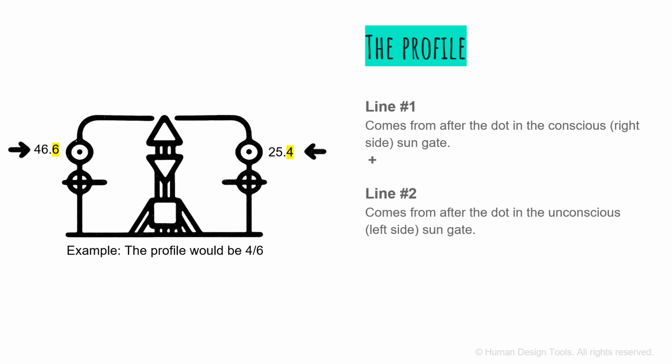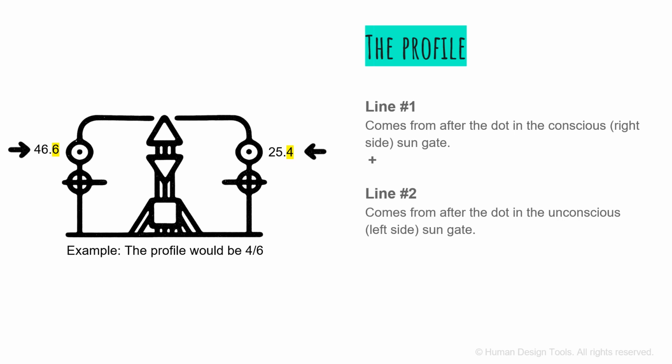But each planet actually plays out in a different line. So you can learn about the different lines and find out more information about how each planet and gate play out on a different level. It's kind of more how you're going to learn that energy.